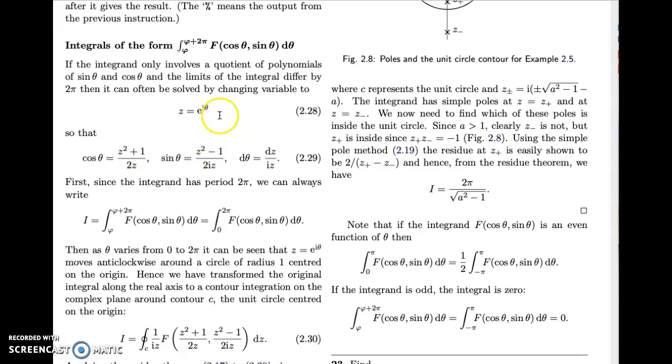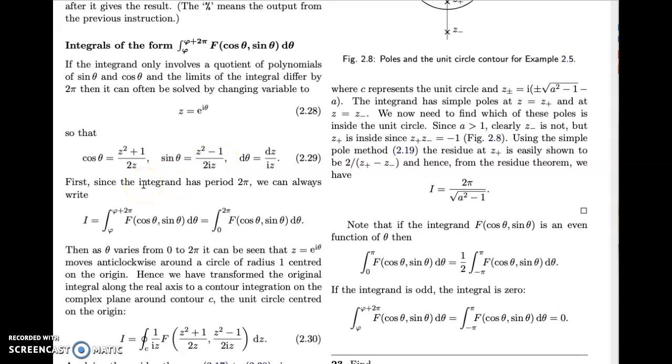And if we differentiate, then we get dz equals i times e to the i theta d theta, which means that d theta is dz divided by i times e to the i theta, but of course e to the i theta is z. Okay, so that's enough for us to change variables.